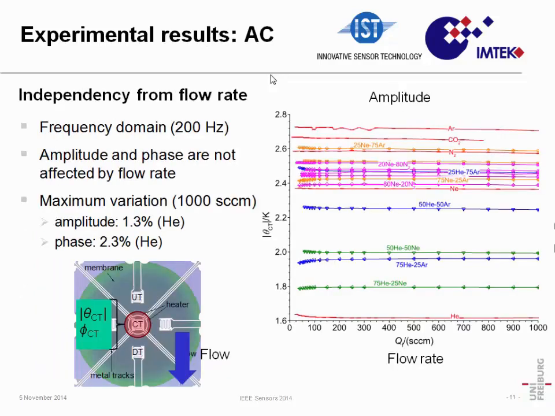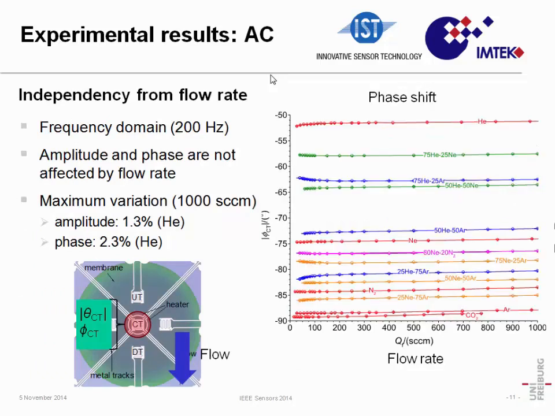Here, first, we see that both the amplitude and the phase shift remain stable for a flow rate from 0 to 1,000 milliliters per minute. The largest variation, though small in percentage, is for helium, in amplitude and phase.